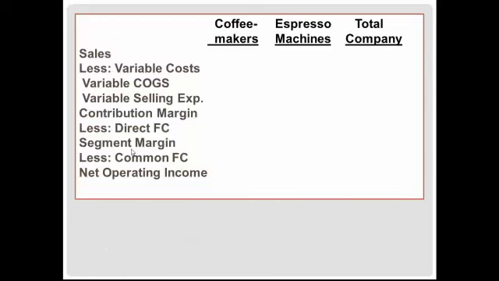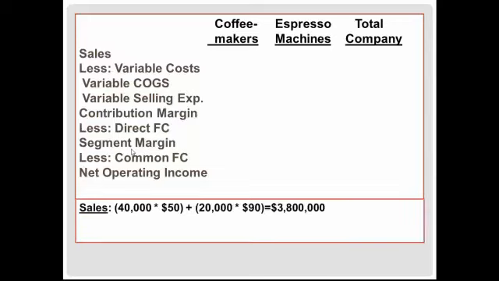Now, to make these calculations, if you'll look back at your information, you'll see that the selling price is $50 for coffee makers, and we expect to sell 40,000. And espresso machines $90 per unit and sales of 20,000. So when we calculate sales for coffee makers, you can see the supporting computations down there toward the bottom of the screen.